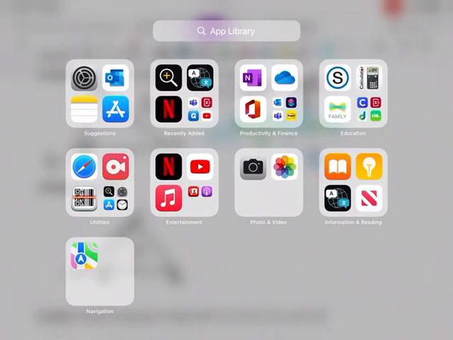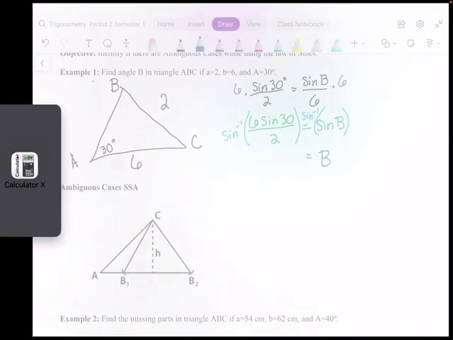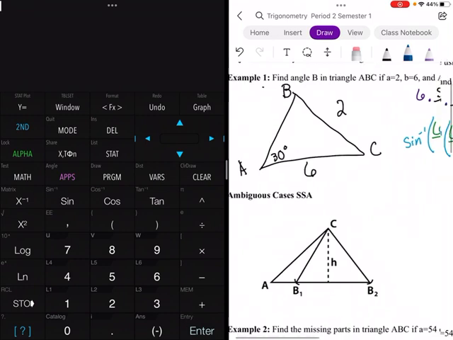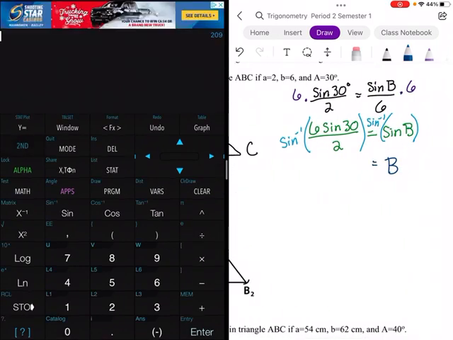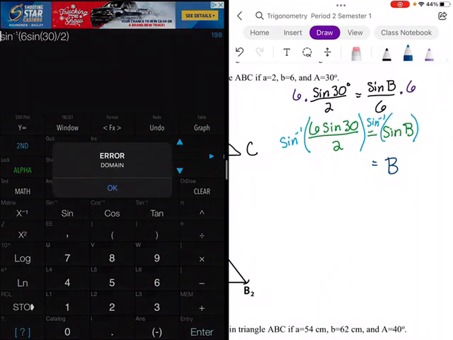So let me pull up my calculator. There it is. So we're going to do the inverse sine of 6 times the sine of 30 divided by 2. And you'll notice when we do this, we are going to get a domain error.